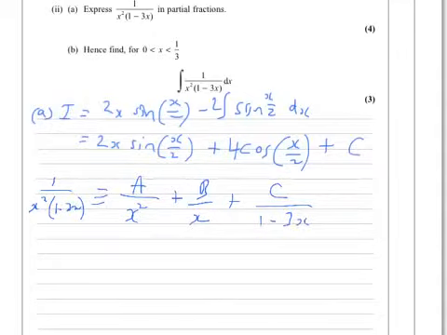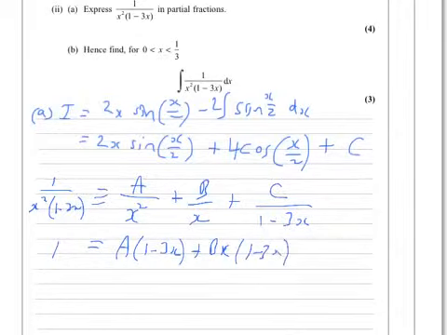Doesn't matter what you call your A, B and C, you might have got them in a completely different order. Now, multiplying everything by x squared times 1 minus 3x, we get 1 equals A times 1 minus 3x plus Bx times 1 minus 3x plus Cx squared.